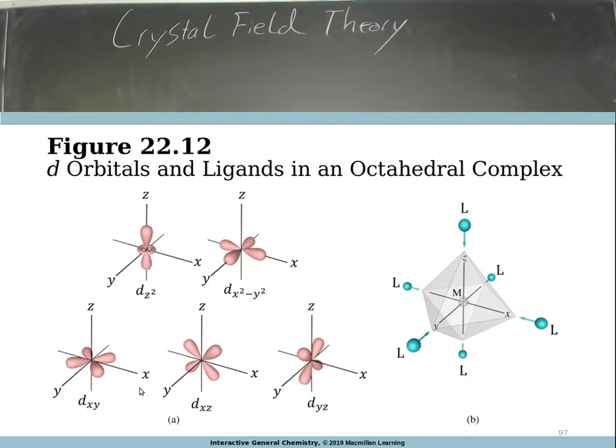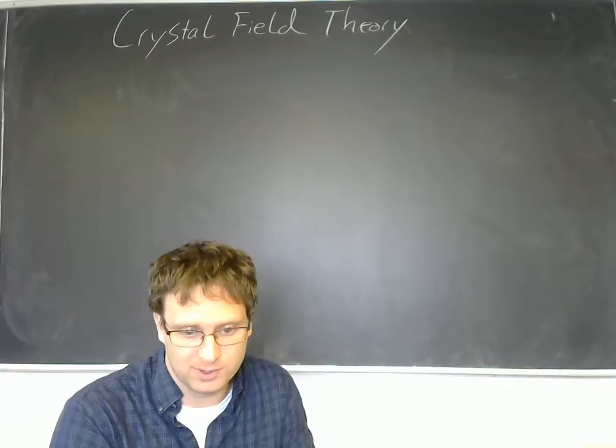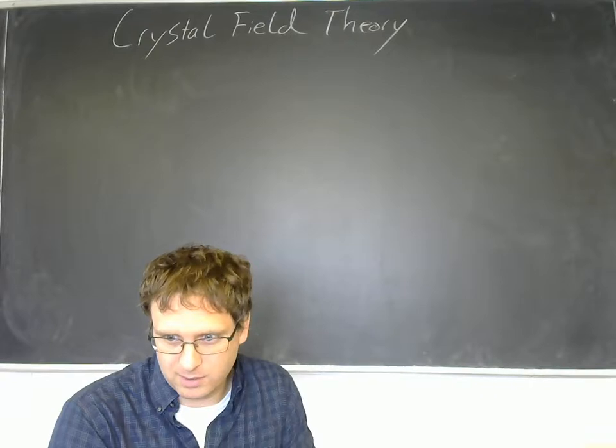But the dz squared is pointing straight up and down at 2 of the ligands. And then the dx squared minus y squared is pointed straight at the 4 other ligands. And so that's going to lead to more pronounced increase in the energy of those two orbitals. So let me move on to the next figure.